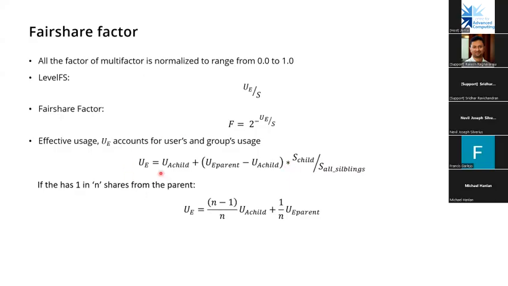And from that, the usage factor of this particular user is calculated. So my usage depends mostly on my current usage and also the usage of the group. If I have n particular members with equal shares, that's how we typically set up, this is how the factor will look. It's a weighted sum of my current usage and the parent usage.